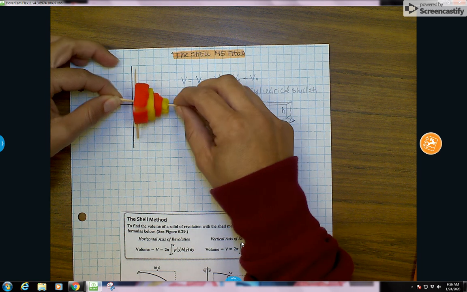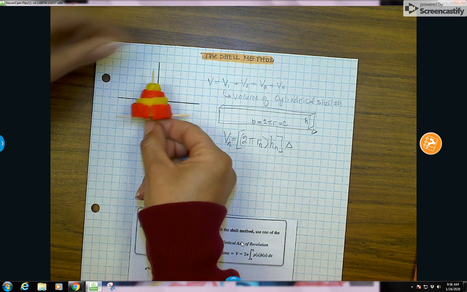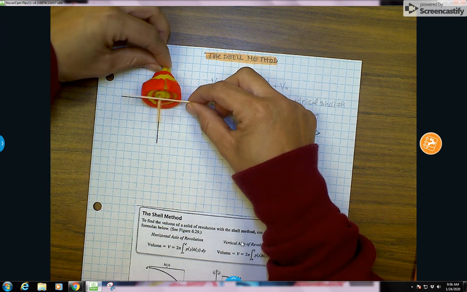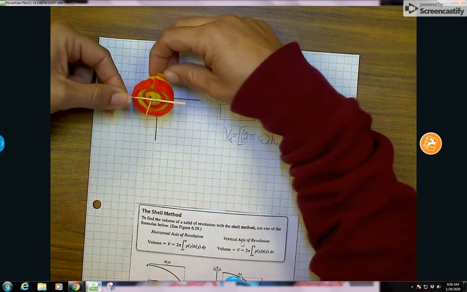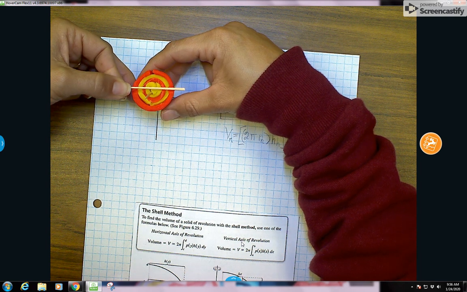And if it's about a vertical line, so let's see, if I have it about this vertical line, then this right here becomes my x-axis, and you can see that the thickness of each shell is going to be measured off of the x-axis.